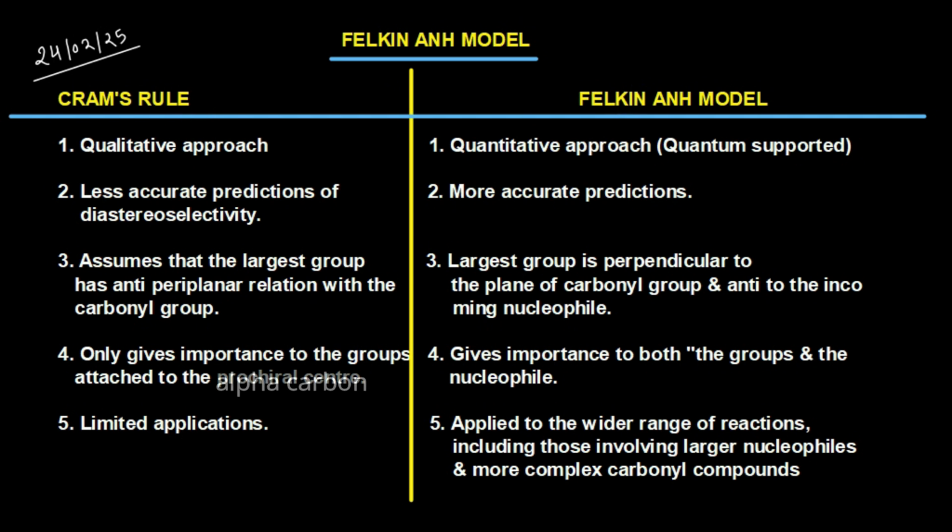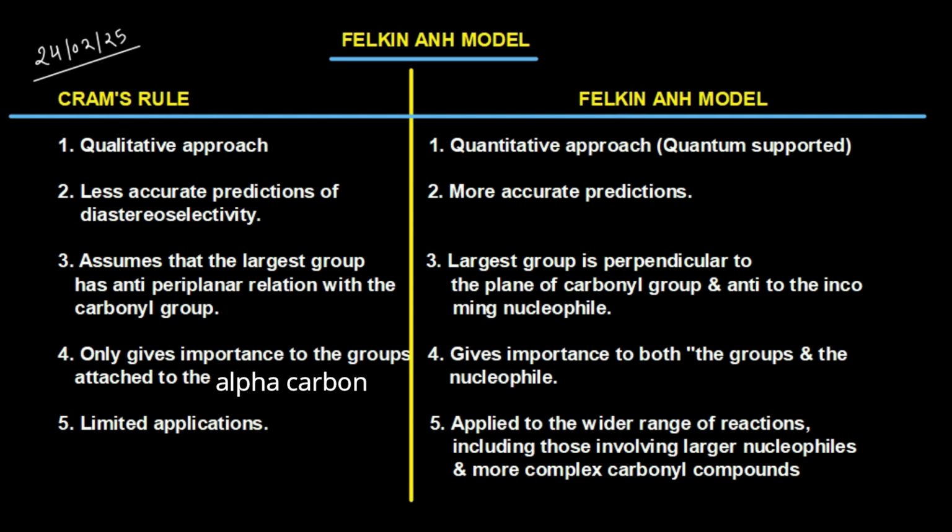That means your product will have two stereocenters, and you will have the formation of diastereomers. And of course, one diastereomer would form in the major amount, and the other one in the minor amount, right? This is the whole idea about nucleophilic addition reactions and their stereochemistry.